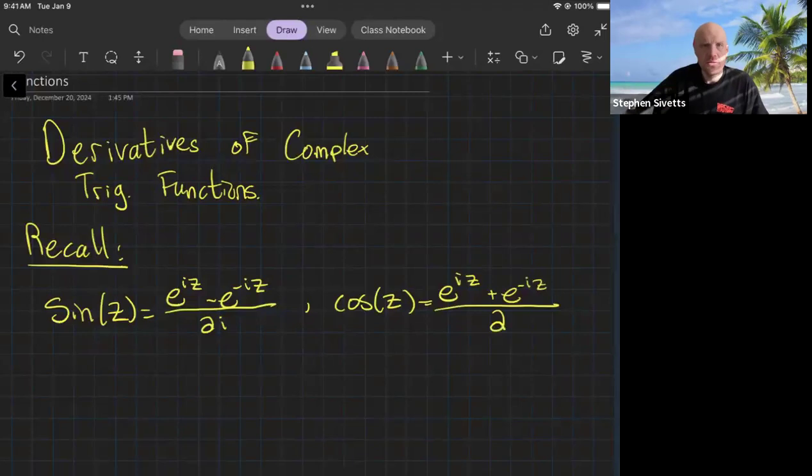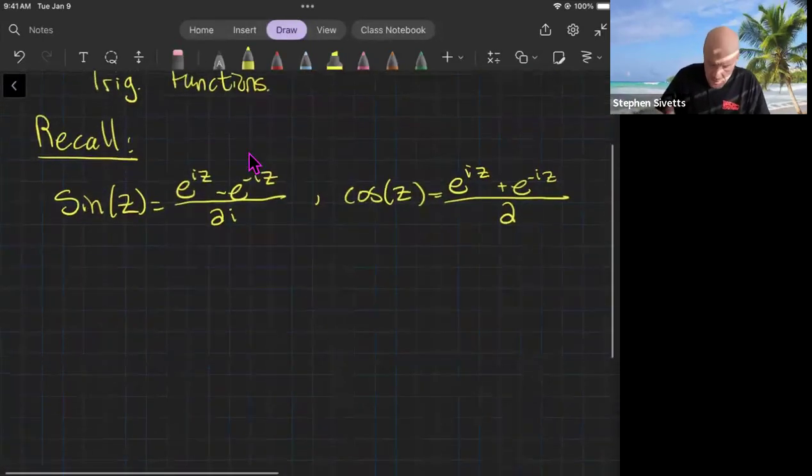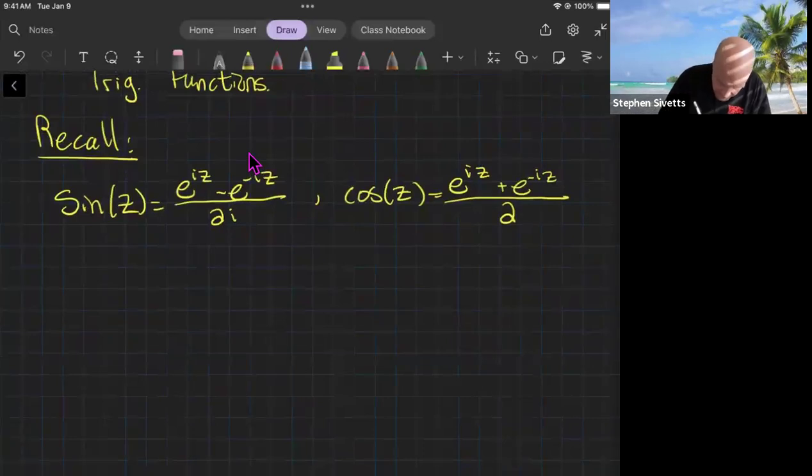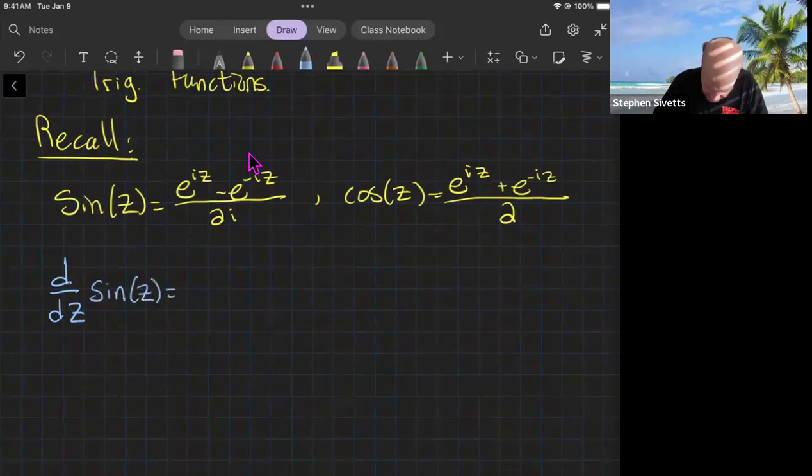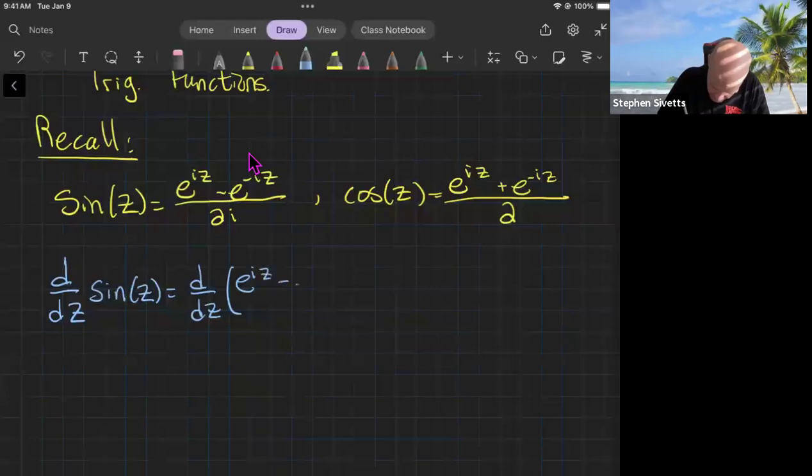Those are the definitions of sine and cosine respectively. So if we want to differentiate sine of z, all we have to do is use the sum and difference of derivatives rules you've seen in calculus. So really, we're going to differentiate a difference of two functions, e to the iz minus e to the minus iz, over 2i.